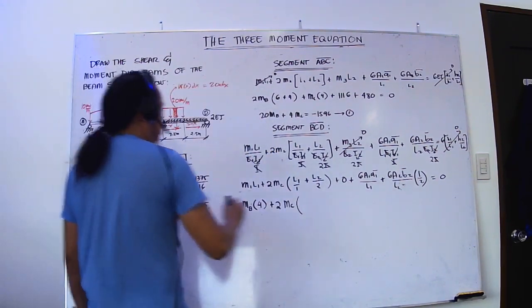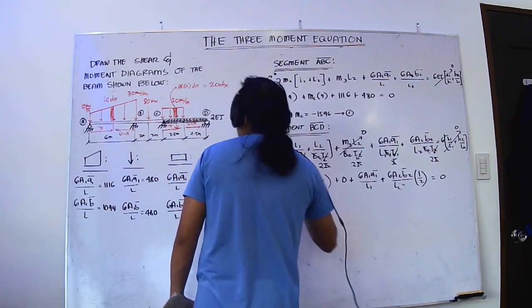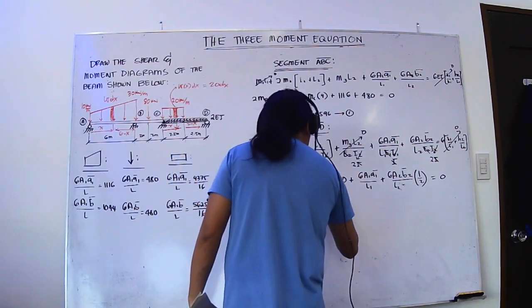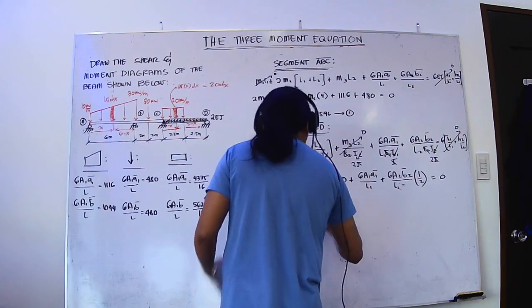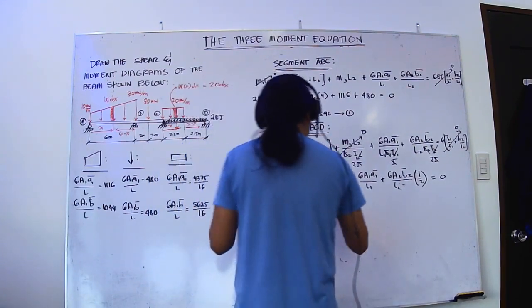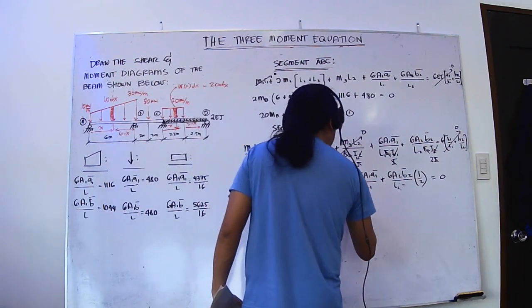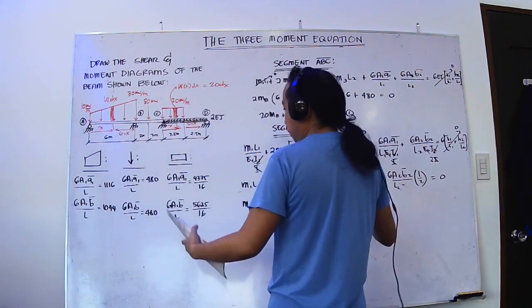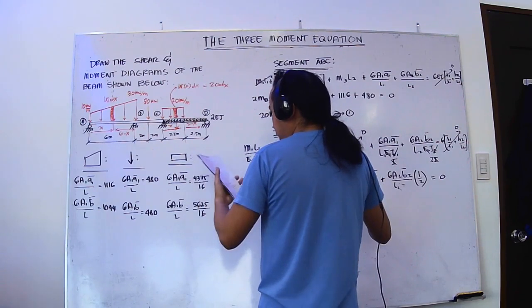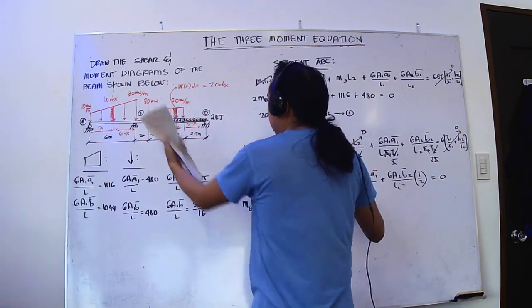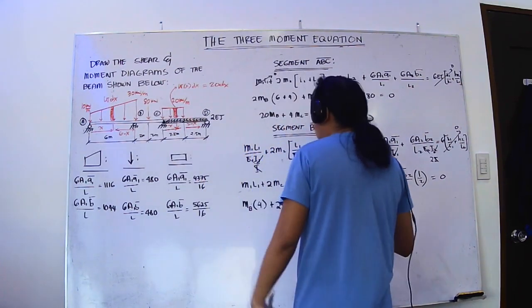L1 is equal to 4. L2 is equal to 5 over 2, so it is divided by 2. Plus, I did not notice before, A1 a1 from the concentrated load. So that is 480.